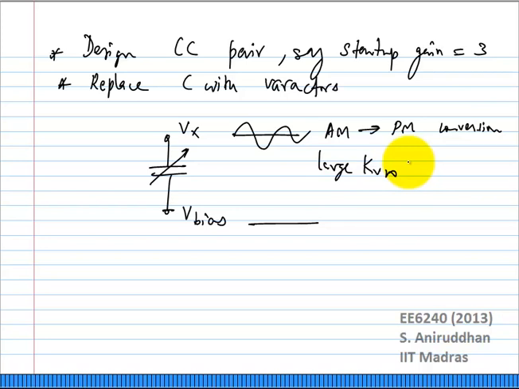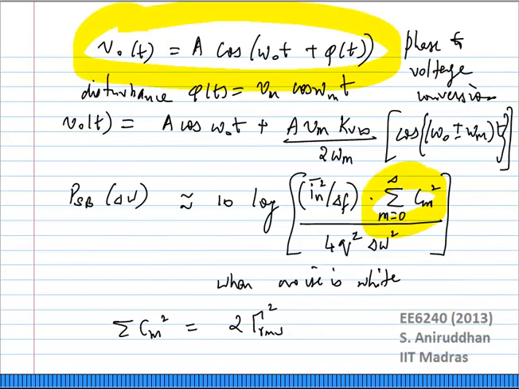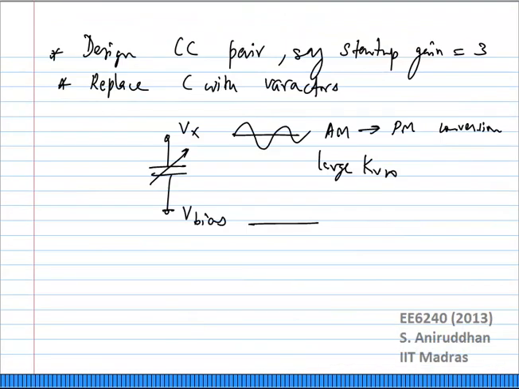So therefore your KVCO is probably several hundred megahertz per volt, and therefore your AM to PM conversion becomes very significant, because that is related to the KVCO value. You see this here? This AM to PM conversion is related to the KVCO. So if you have a large KVCO, you will get worse phase noise. How do you handle this?